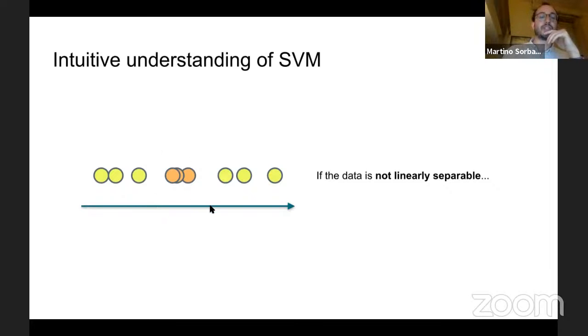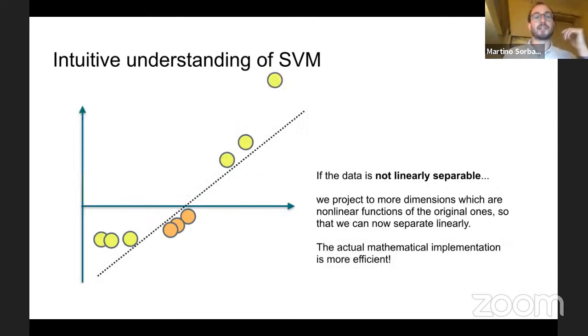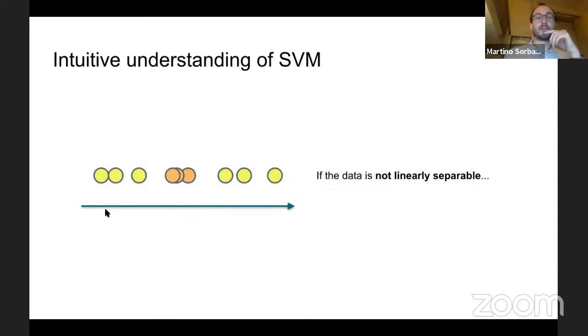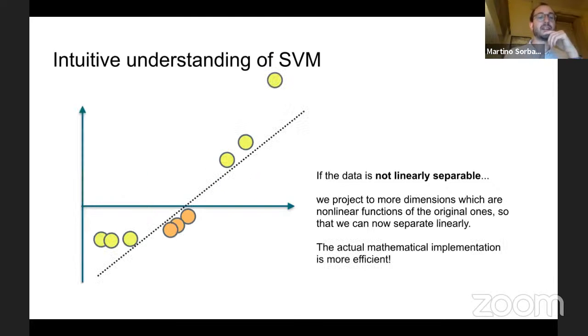In support vector machines, how do we solve this problem? By a trick. The trick is mathematically a bit more complicated, but effectively what it does is, here we have a one-dimensional data set, and that's the axis. What we do is we add another dimension. The other dimension we add is a non-linear function of the previous dimension.